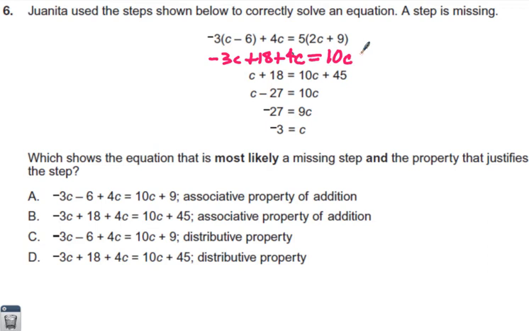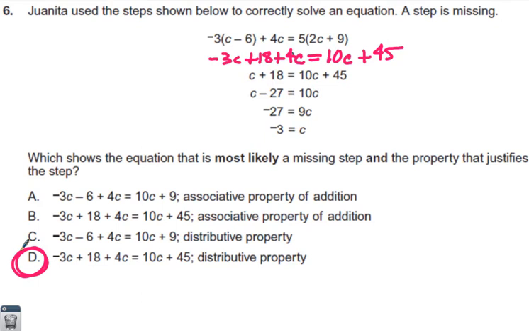I hope you would see that the missing step would involve the distributive property, because we are distributing the -3 and we are distributing the 5. And so, just to double check, I'm just making sure that it is D.